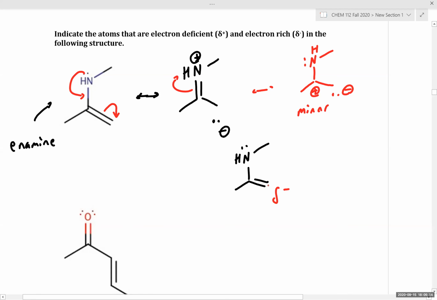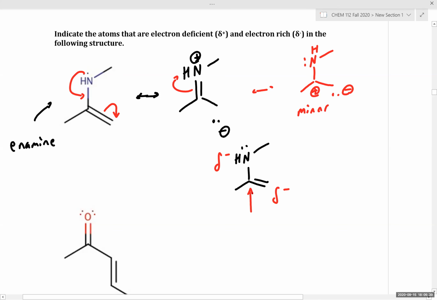Yep, so this bottom right carbon is electron rich because we have a minor structure and another somewhat major structure with a negative charge on this bottom right carbon. The nitrogen is electron rich because there are many structures where the nitrogen has a localized lone pair.